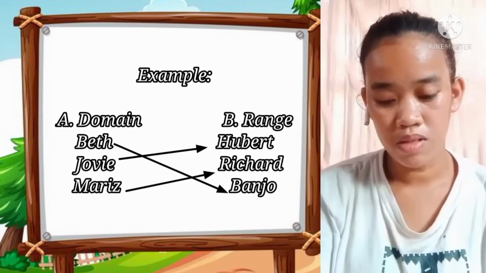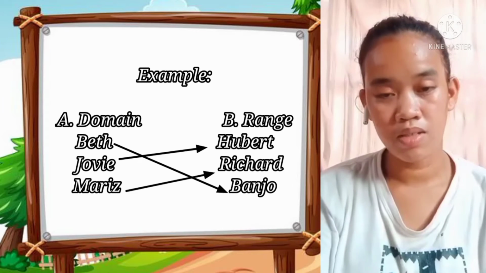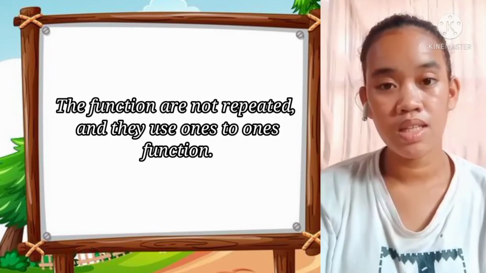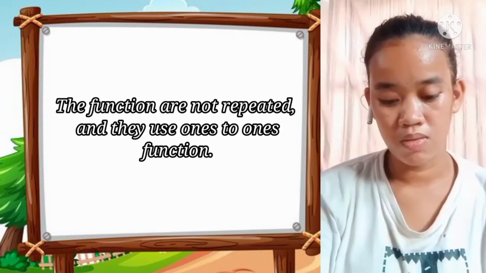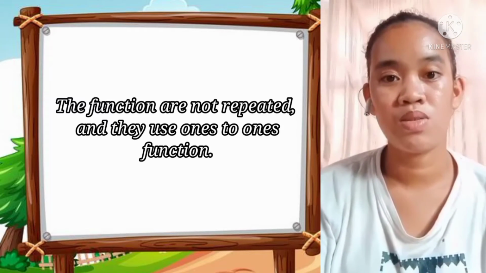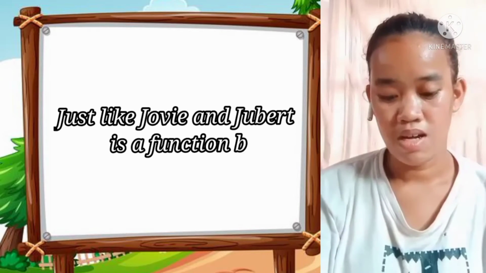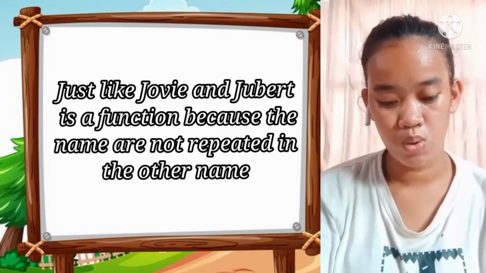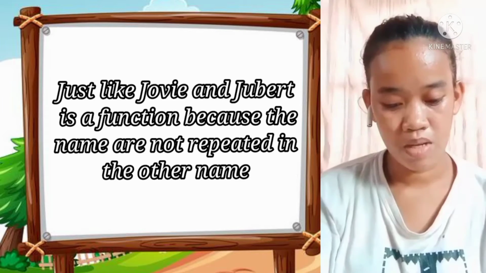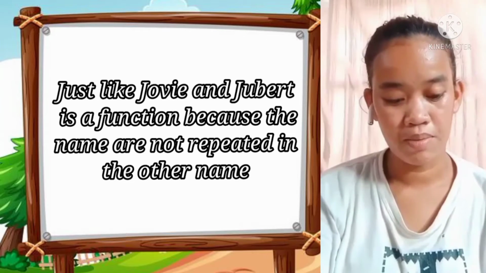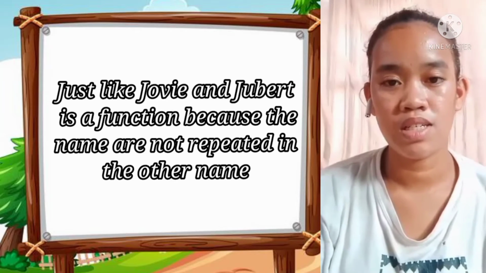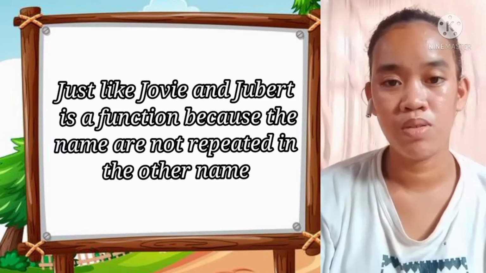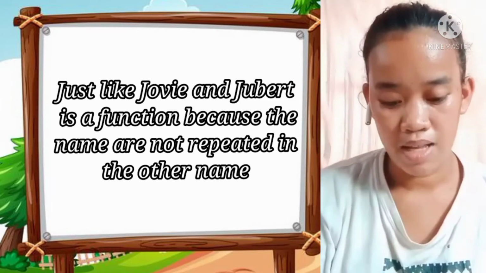In this example, the domain and range, hindi na doble yung function niya. As in yung ginamit is one-to-one function. Halimbawa dito kay Juby and kay Hubert, function siya kasi hindi siya na doble dun sa ibang pangalan.